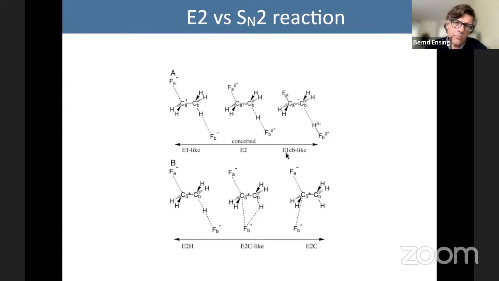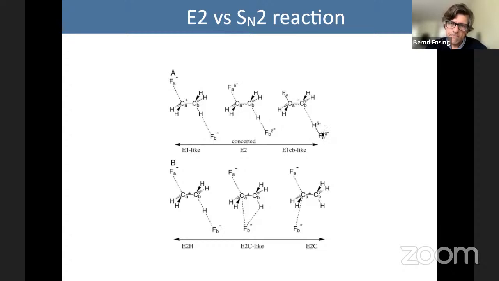And here the point is that this is a spectrum of possible transition states, and so now it's really complicated to come up with a good reaction coordinate, because we don't know in advance what the transition state looks like. So if you have a good leaving group, then maybe this is a transition state where the leaving group goes, and after that, the attacking group goes away with this proton. Or it goes perfectly concerted.